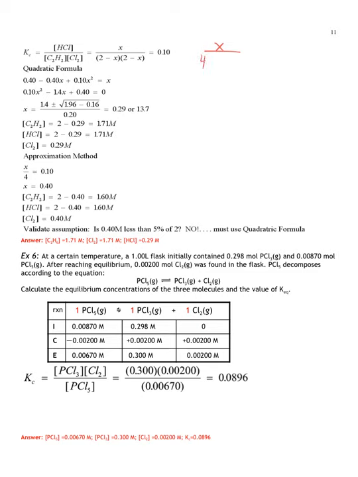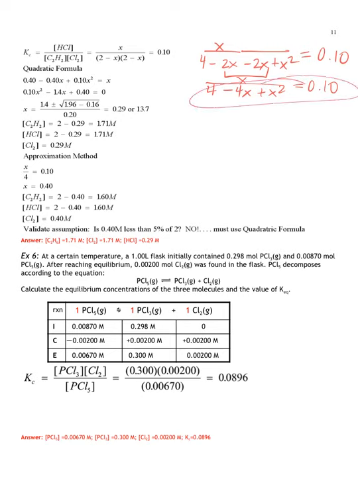The outside is 2x. The inside is 2x. Last times last, x squared. And that equals 0.10. I can easily simplify these two terms. This is minus 4x plus x squared and 4, over x equals 0.1. And so I am going to cross multiply these two, which gives me x on one side.